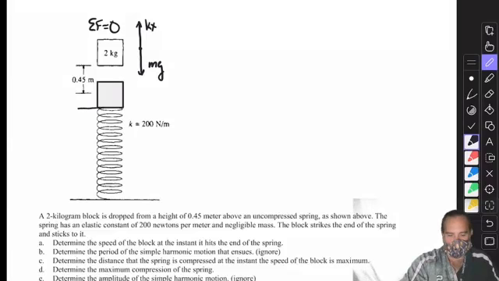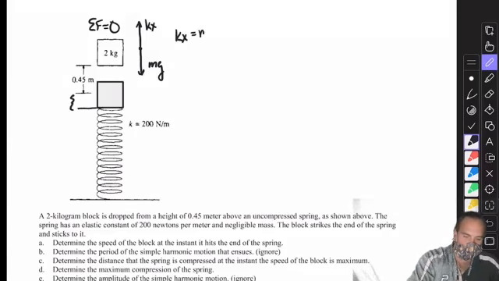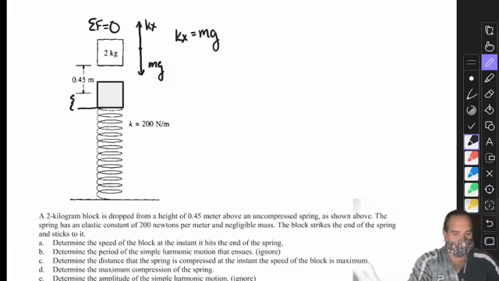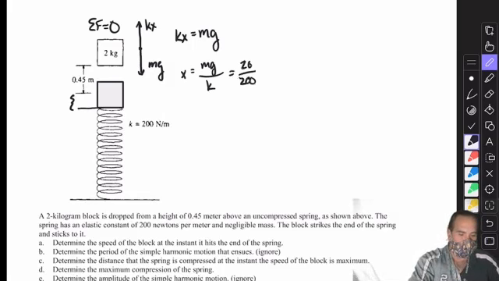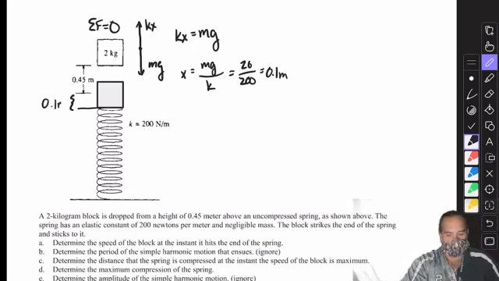And I don't really know where that is, but I know I can find it because that happens when kx equals mg. Well, this is a numbers problem. It gave me all the numbers. So x is going to be equal to mg over k, which is 20 over 200, or 0.1 meters. So they've told me that I will reach the maximum speed when I compress the spring 0.1 meters.